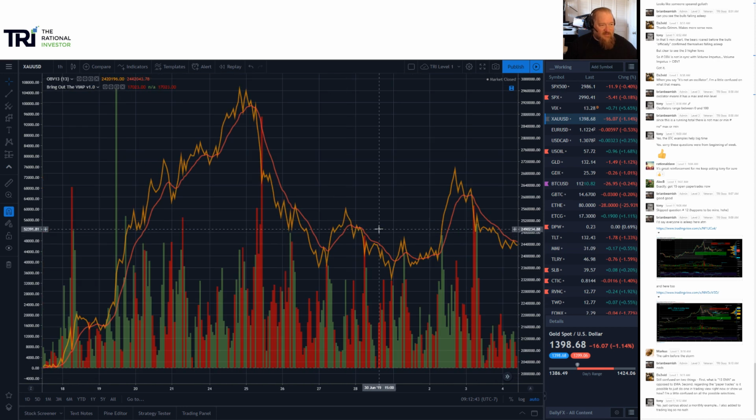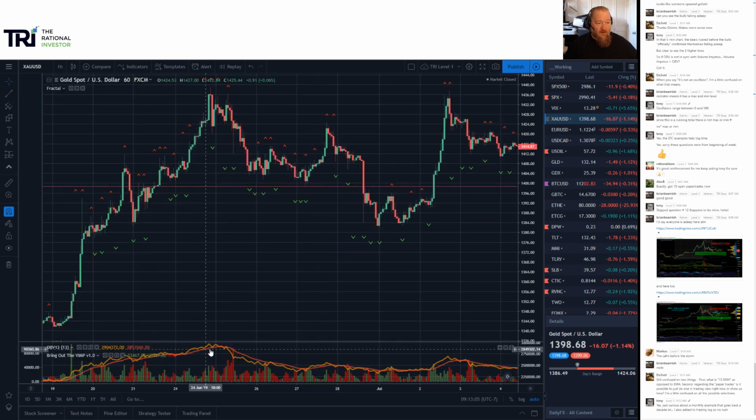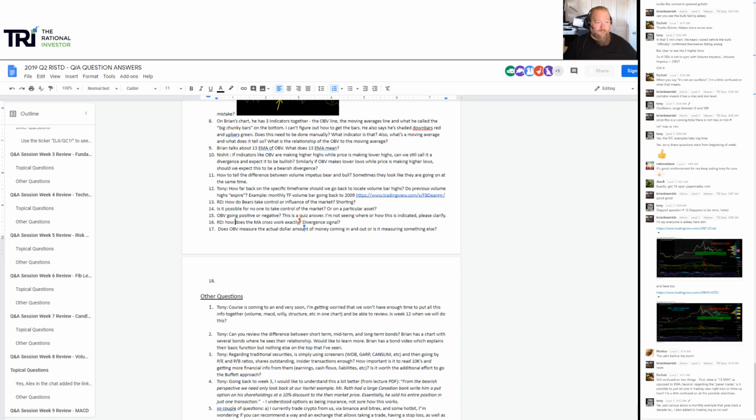That'd be a little mixed signal for me. Up here, here's a good example. We have this M. It was mostly above the moving average, then it crosses below the moving average. If that occurred at the same time we have bullish volume trailing off, falling asleep, that can be a powerful signal that we're going to get a reversal. And what did we get? Boom, boom, right? So we're just looking for a movement across that moving average.